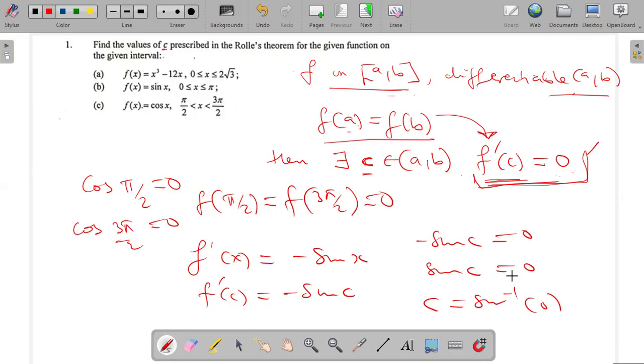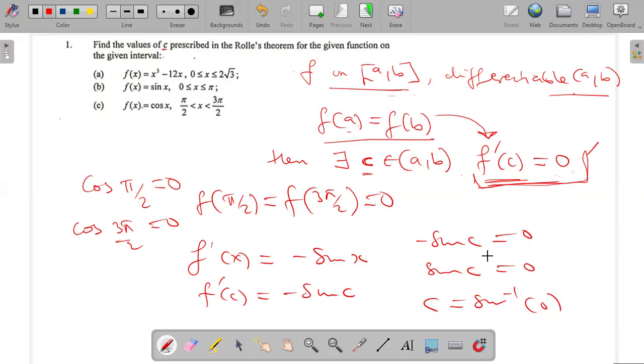So I'm saying sine inverse of 0. This we know can either give us 90, or 180.